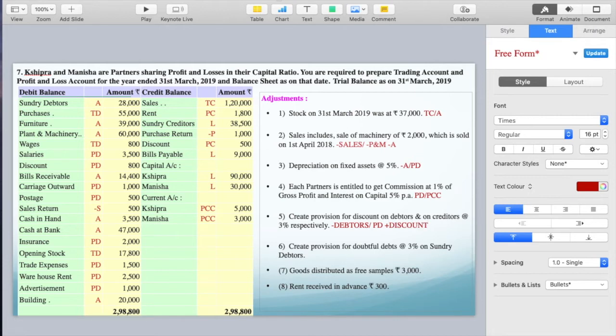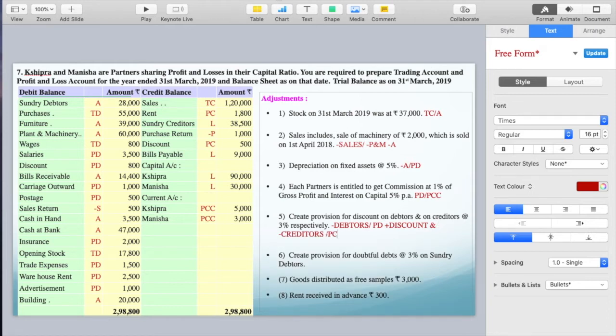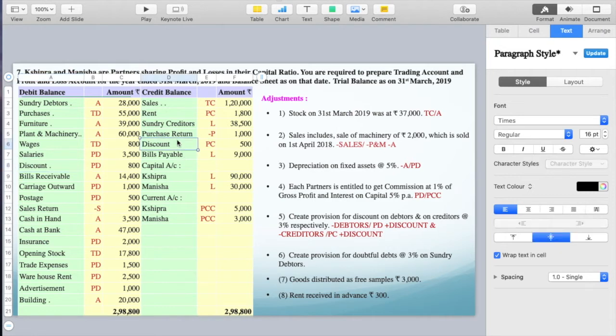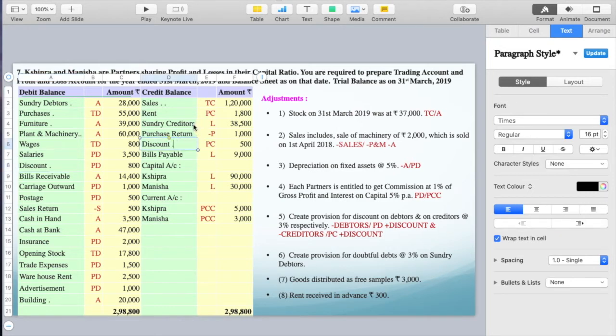Same way, on creditors, we have to minus from creditors and P&L account credit side, add to discount, right? So on debtors I will put one tick mark, on discount on the debit side, then same way discount, and on creditors I am supposed to provide the same.